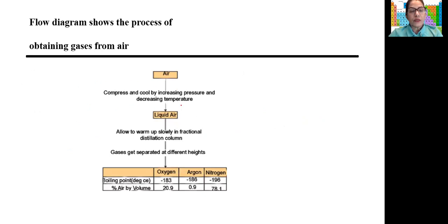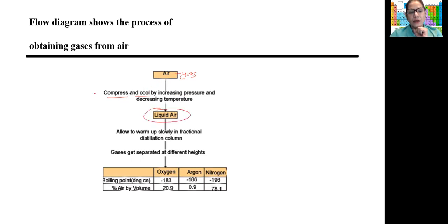So now here is the process of obtaining gases from the air. So what happens? Air, we know it's a mixture of gases. So it is compressed and cooled. How is this done? By increasing the pressure and decreasing the temperature. So then we get liquid air.